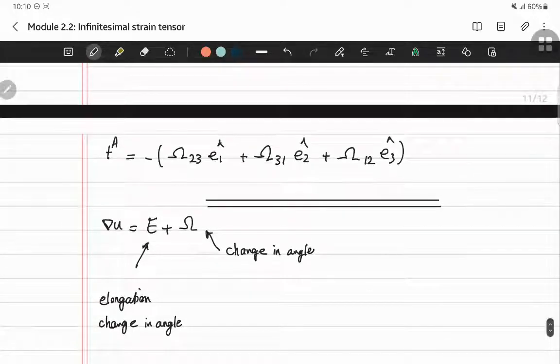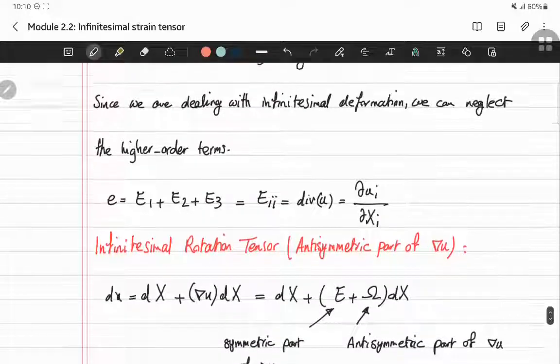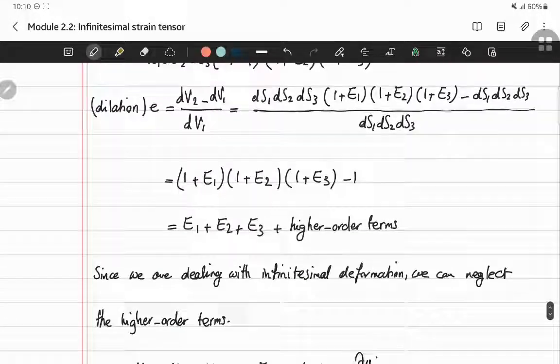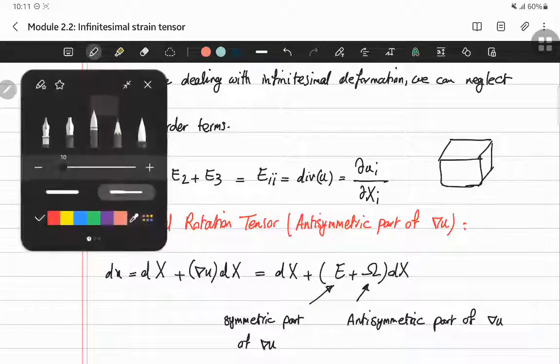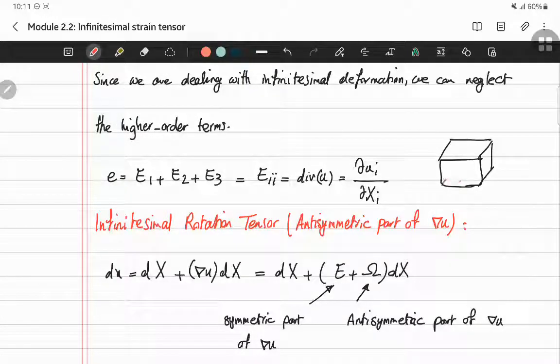There's also another important topic about the divergence of u in dilatation. Sometimes the divergence might become 0. So the dilatation is 0, but it doesn't mean that you don't have any kind of deformation. For example, suppose you have a cube that is deformed under some kind of shear deformation, something like this.